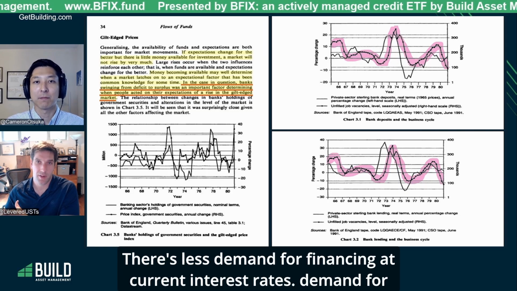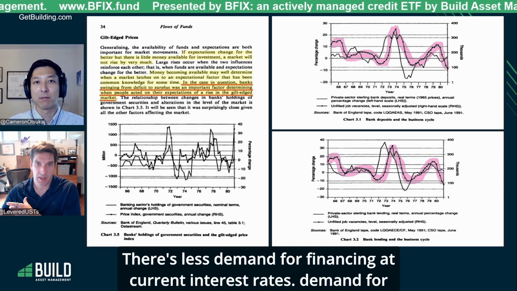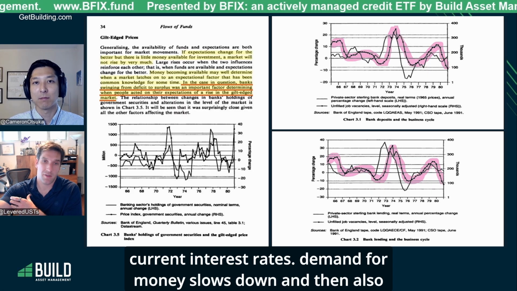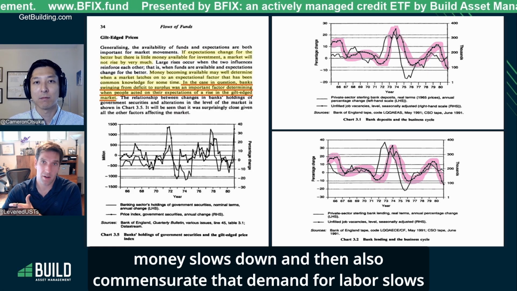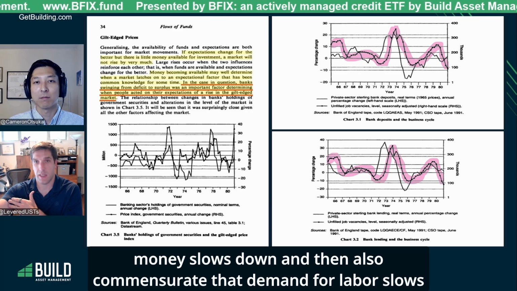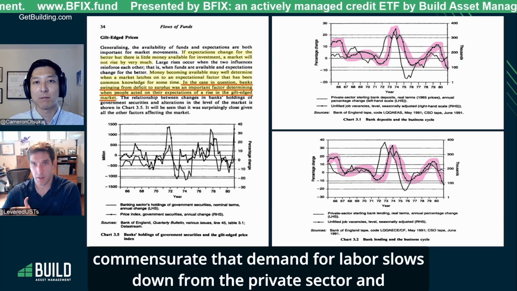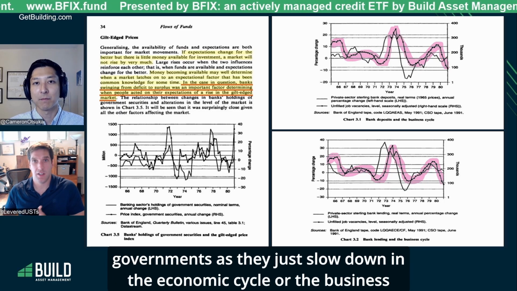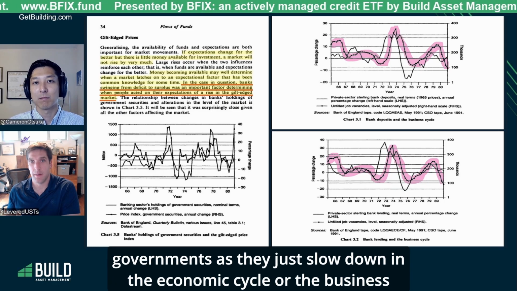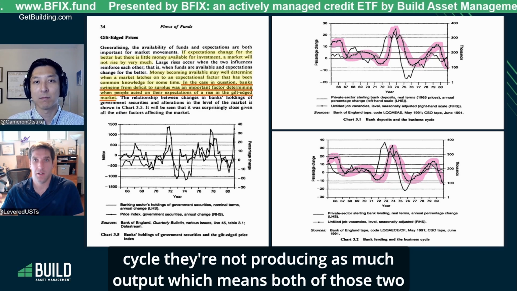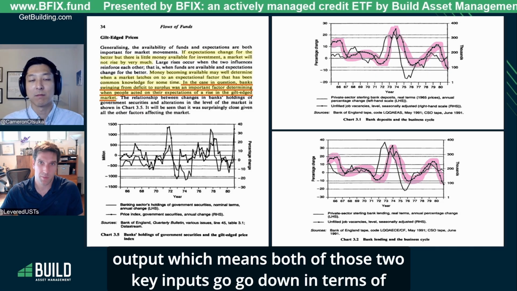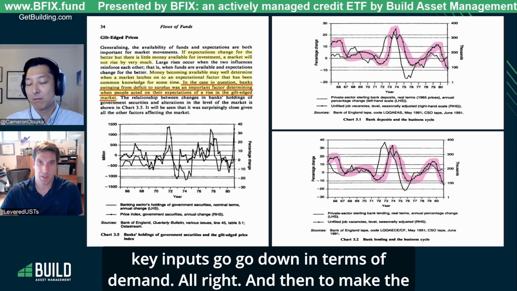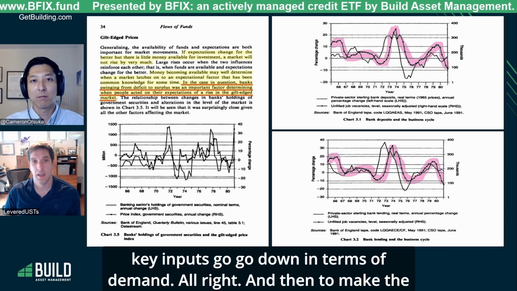There's less demand for financing at current interest rates. Demand for money slows down, and then also commensurate with that, demand for labor slows down from the private sector and governments as they just slow down in the economic cycle or the business cycle. They're not producing as much output, which means both of those two key inputs go down in terms of demand. All right.